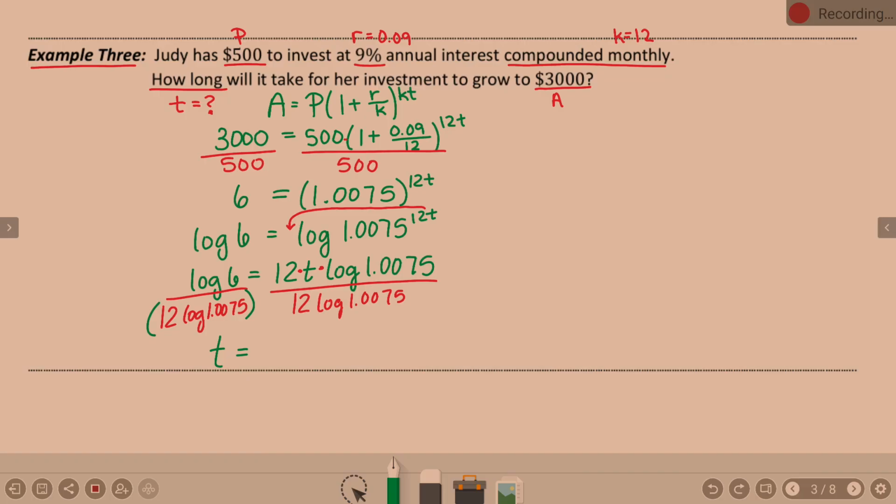Otherwise, it will divide by 12, but multiply by that log. And we don't want that. So make sure you try the calculator so we get it right. What are we getting? 19.993983.